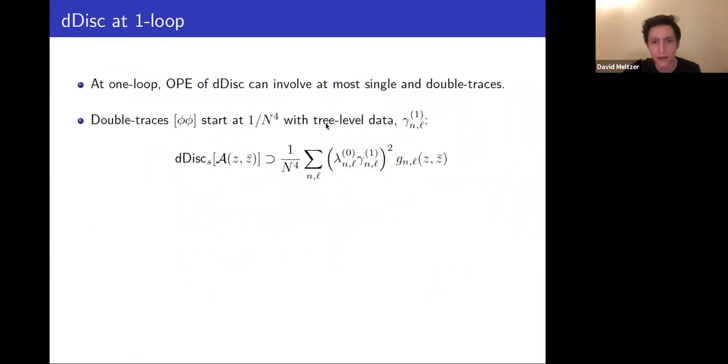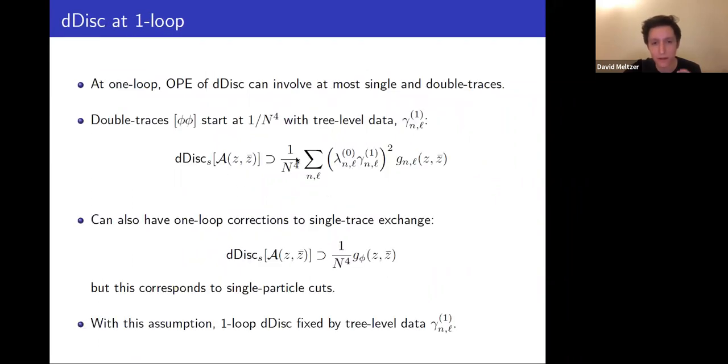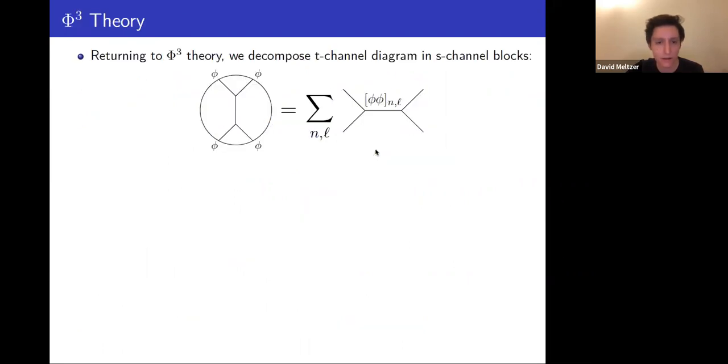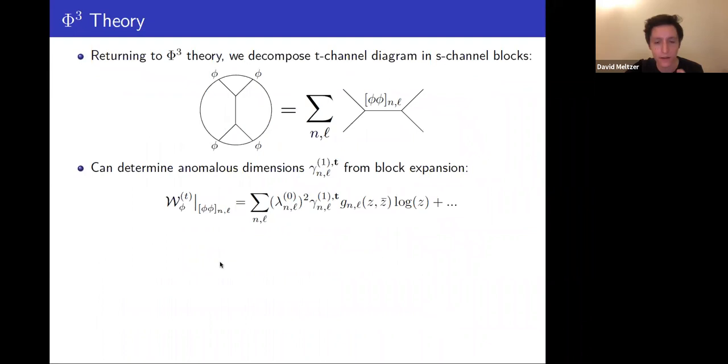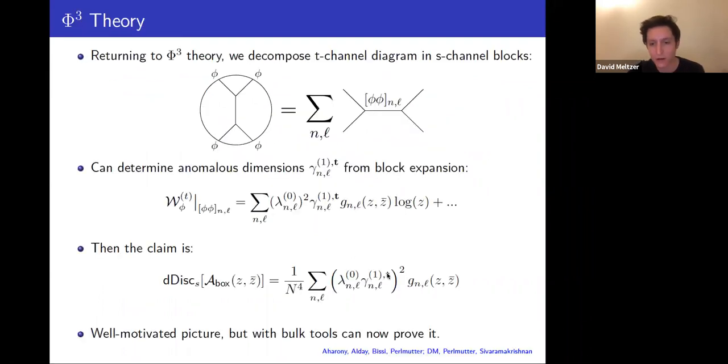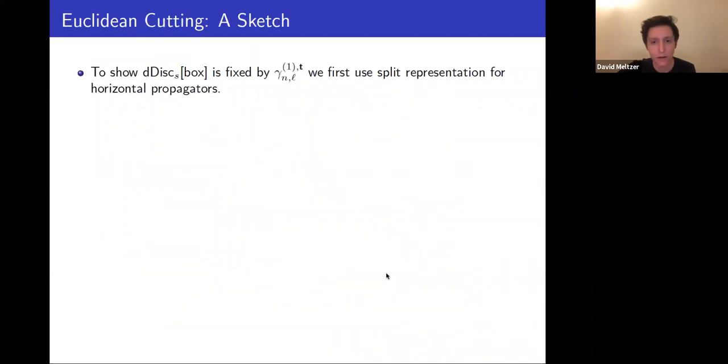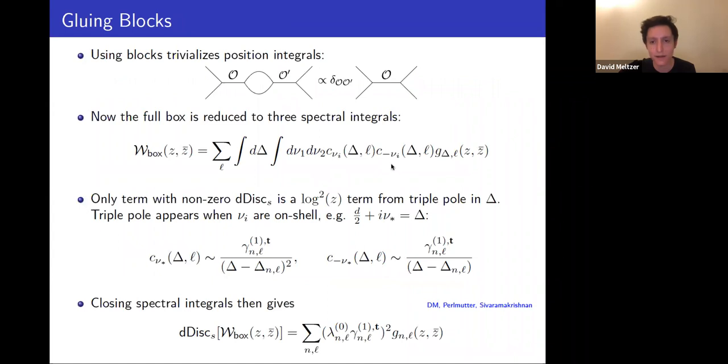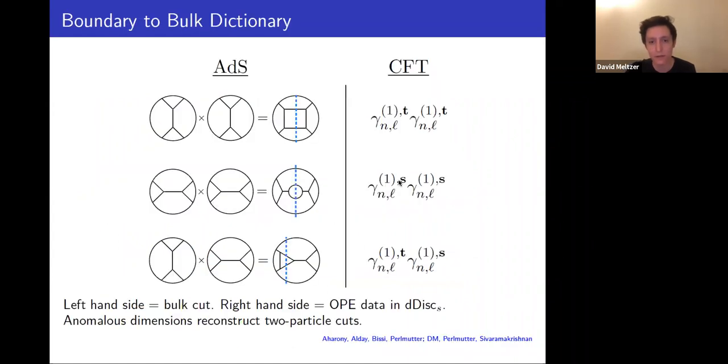So what it was trying to capture was just this equation. The d disc of my box is determined by the t-channel anomalous dimension squared. So it was just trying to capture that equation. Right, okay. And now for these, I'll just use different anomalous dimensions in my d disc.